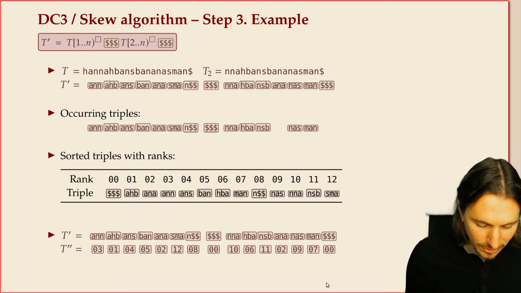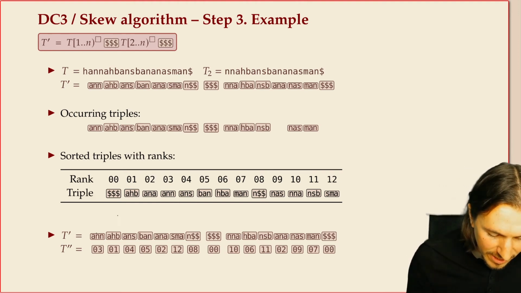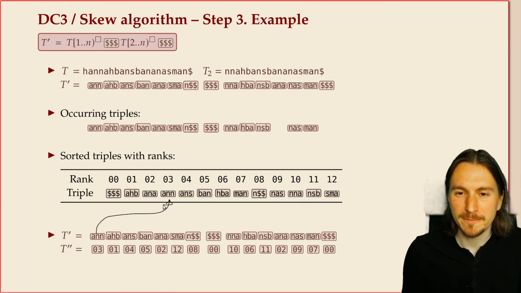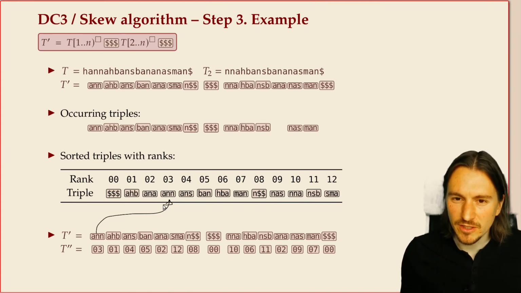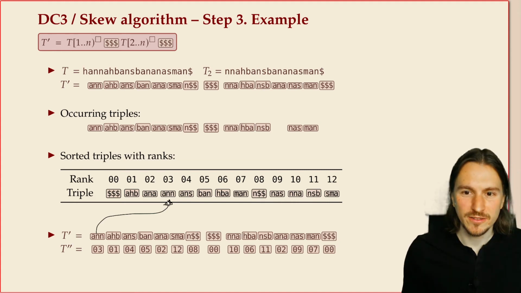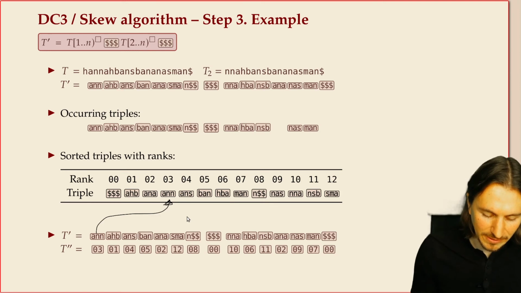So just do this in slow-mo. If you have the triple A and N, you find that in the list. The way to do this is, you probably want to do some hashing trick to implement this mapping efficiently, but let's omit that detail.